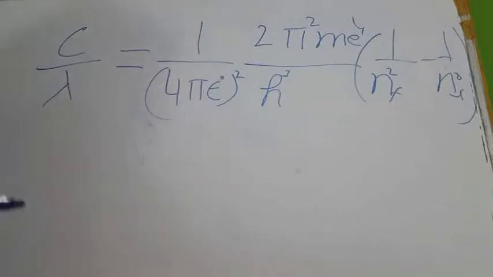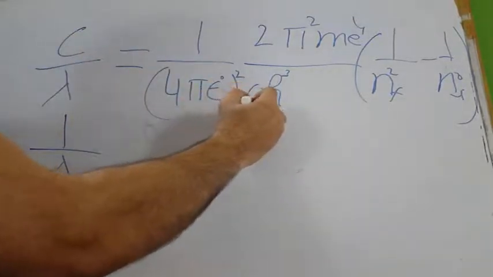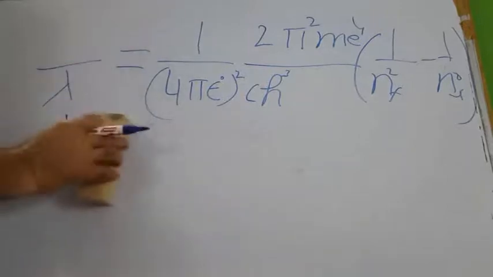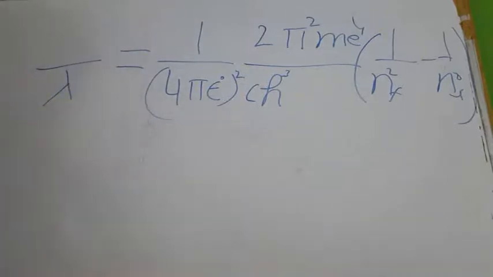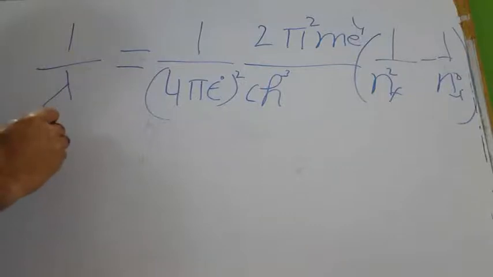Let us go ahead. 1 upon lambda will be equal to, if c goes here, then this is left as 1 upon lambda, and we know that 1 upon lambda is nu bar, or the wave number.